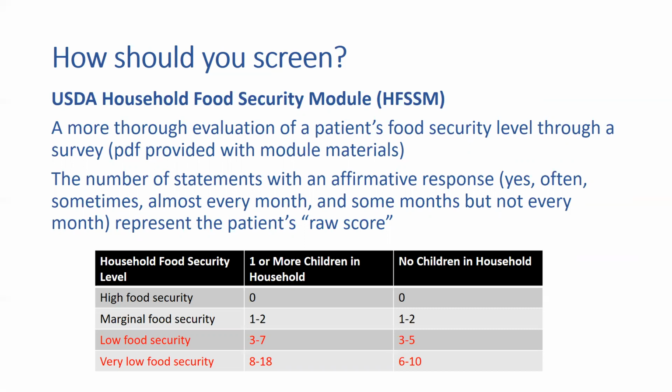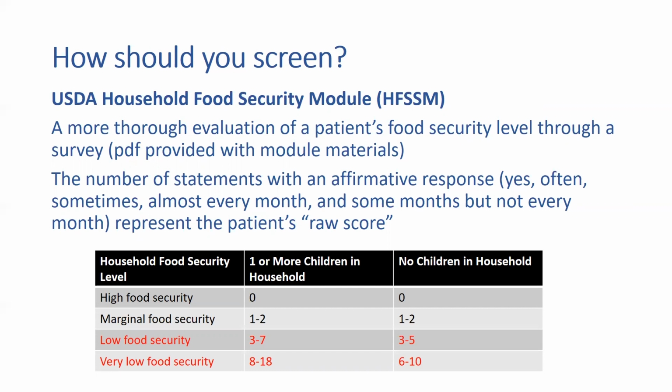I won't go into detail on those, but you're looking for affirmative yeses. So yes, often, sometimes, almost every month, and some months, but not every month. Those are the affirmative responses, and those give the patient a point for their score. And then you take the cumulative score of their answers to all these questions, and it'll give you a description of their food security. So just like we talked about in the first presentation, food security is a spectrum, and the scores will fall somewhere within that spectrum.